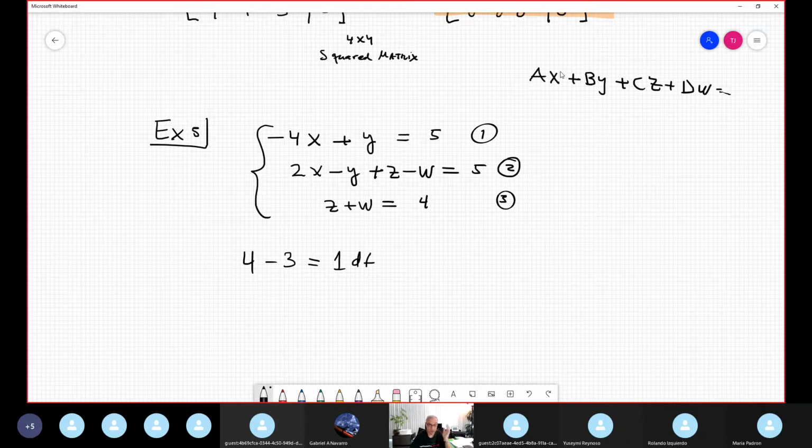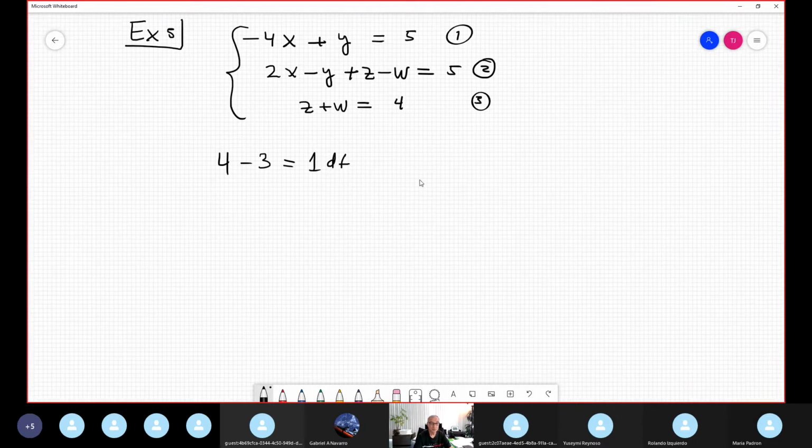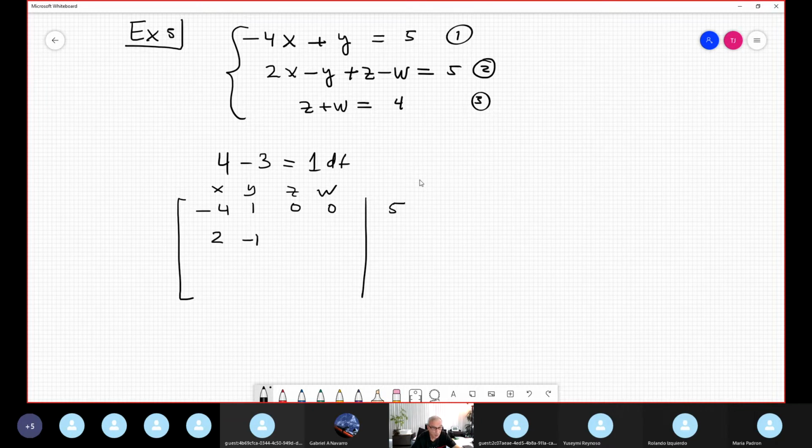Okay, let's do it. Now you write the matrix. The matrix is -4, 1, 0, 0, and 5. Remember, this is X, this is Y, this is Z, this is W. The second equation is 2, -1, +1, -1, and 5 again.